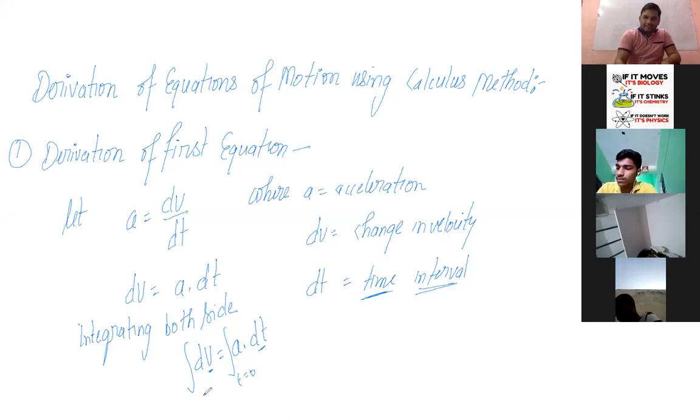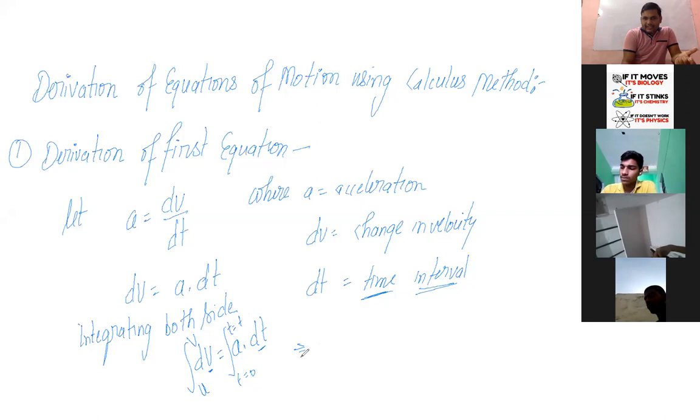That's why we put u here. At time t equal to 0 we have speed u, and at time t equal to t we have speed v, which is your final velocity or final speed.